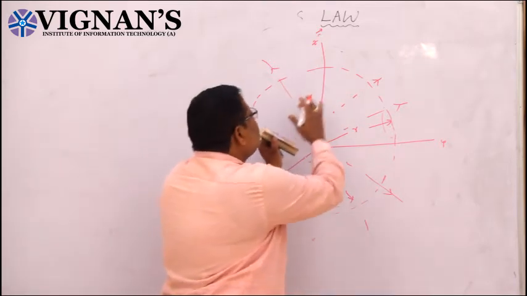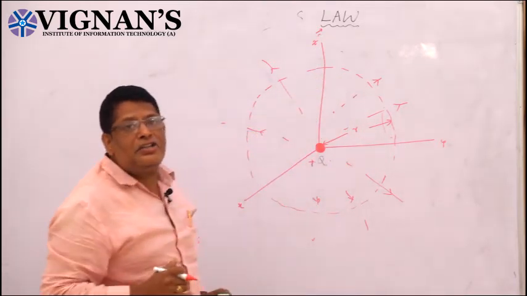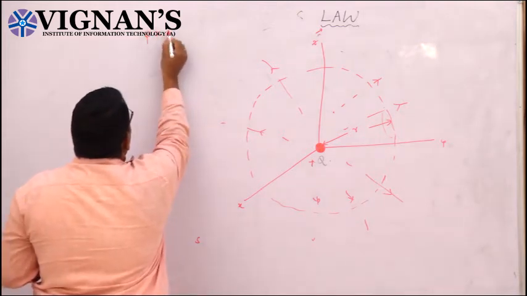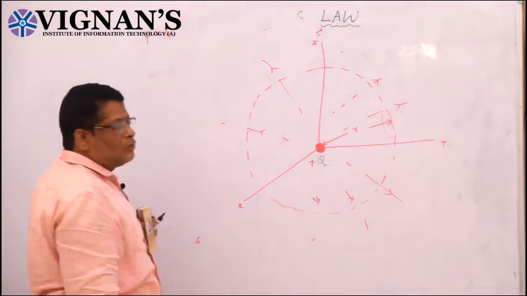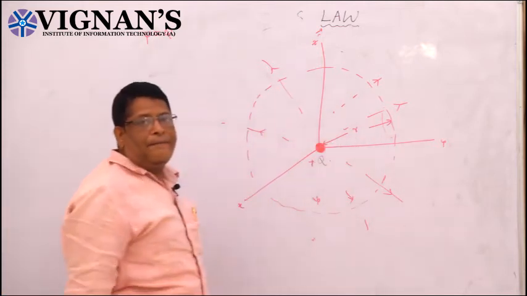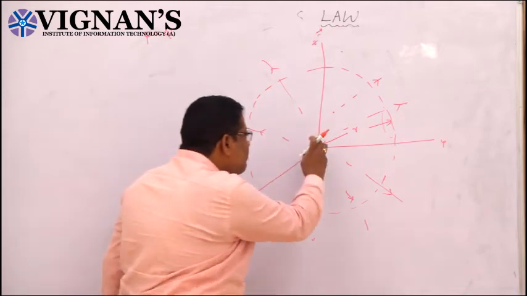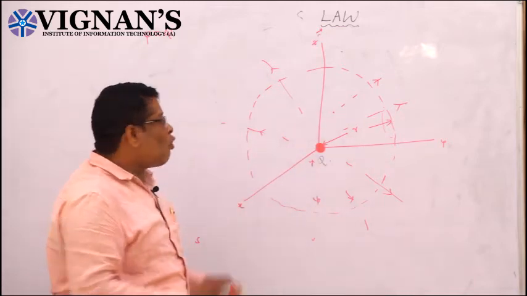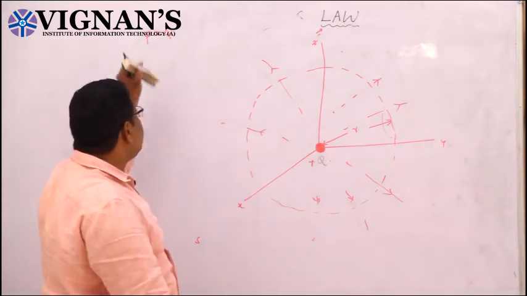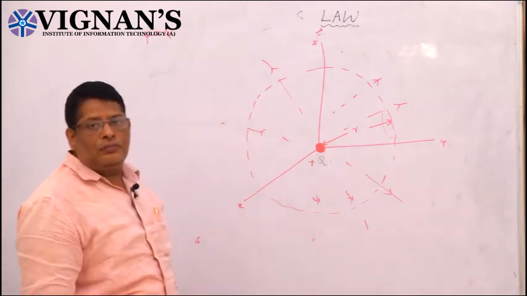So whenever you have taken the closed sphere, the total charge will be leaving the surface area. So psi equals q.